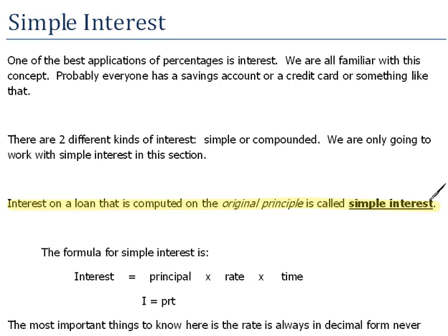Whereas if you have something like a credit card or a savings account, even, those are actually compounded interest. And what that means is, think about a credit card. You have a balance. Let's say you purchase something and it's $100, and then they charge you interest on top of that. So now you have a balance that's $110.